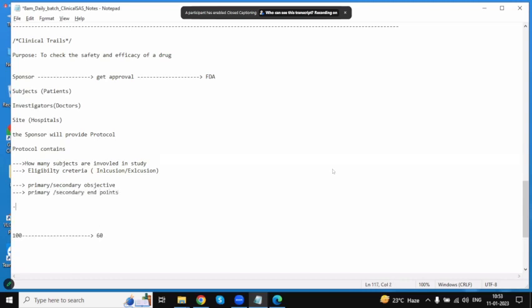In each visit, what the subject has to do, what tests they have to do, what details and information have to be collected, everything is mentioned in the protocol. Clear? So this is the first process.